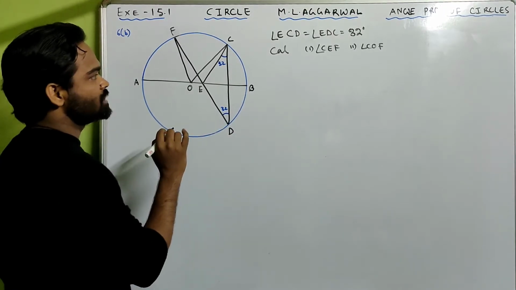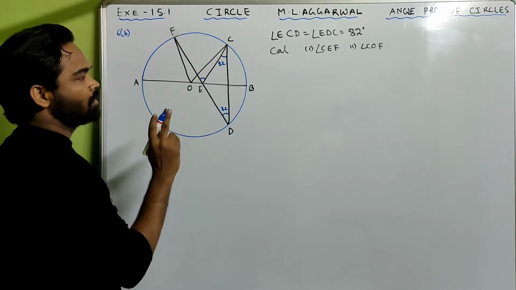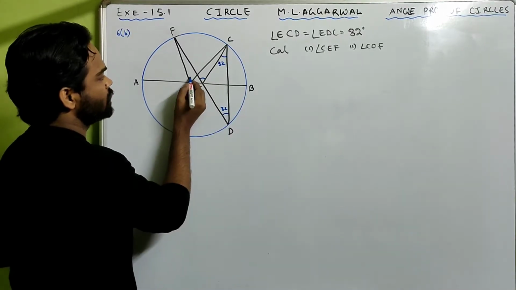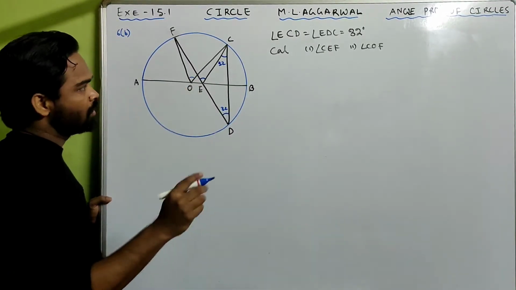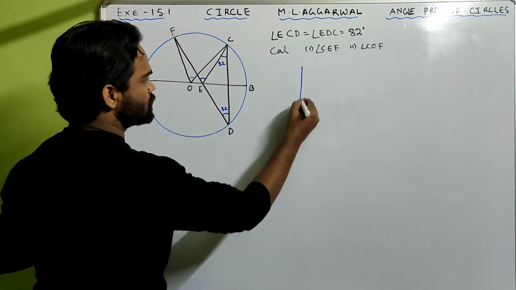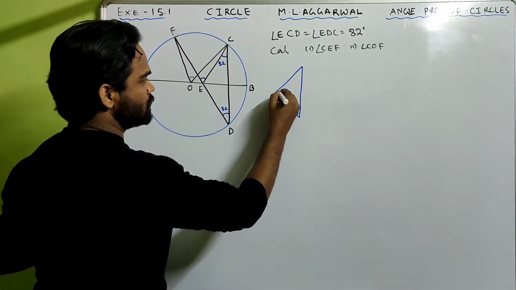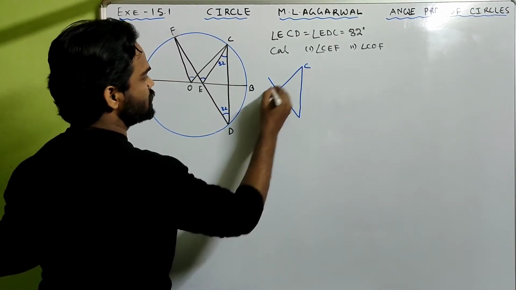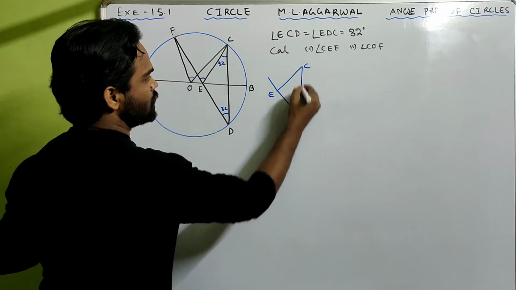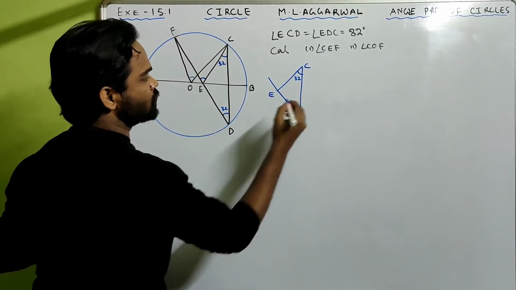They've asked for CEF, which means this angle, and COF, this angle. Now just see the triangle CED. This angle is given as 32 and this is given as 32.